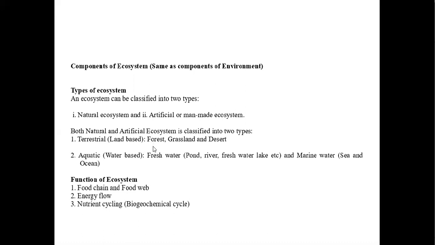Examples of terrestrial ecosystems are forest, grassland, and desert. The aquatic ecosystem is again divided into two types: one is freshwater ecosystem, and another is marine water ecosystem.